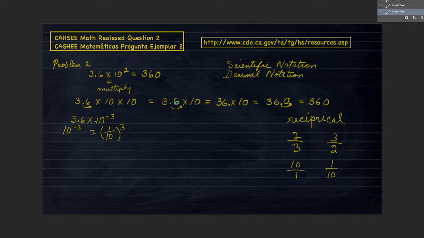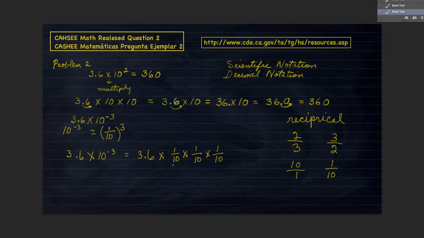Okay, so back to this. If I have to multiply with 1/10, then 3.6 times 10 to the negative 3 power becomes 3.6 times 1/10 times 1/10 times 1/10.